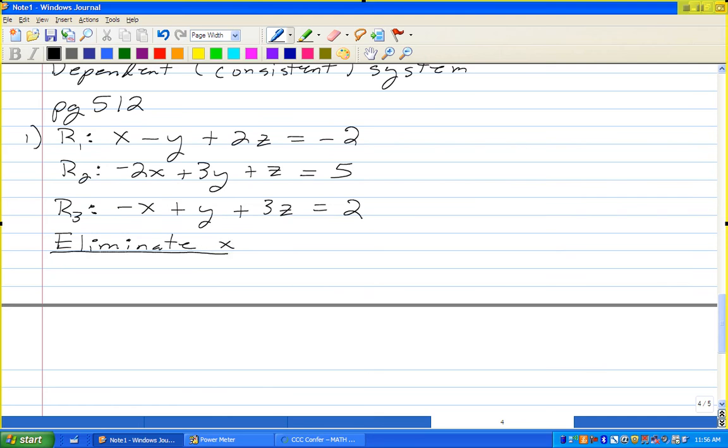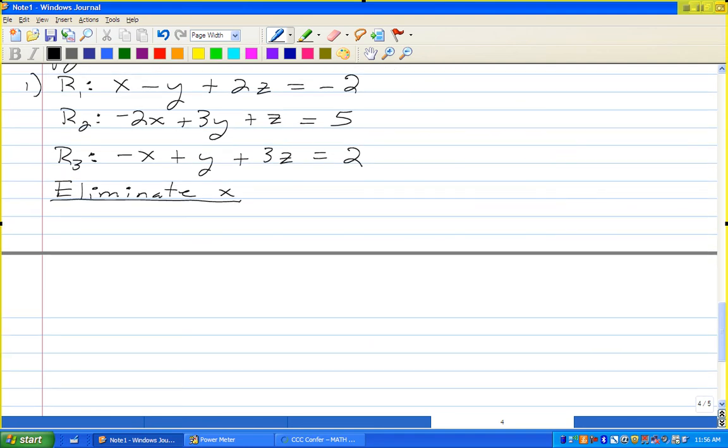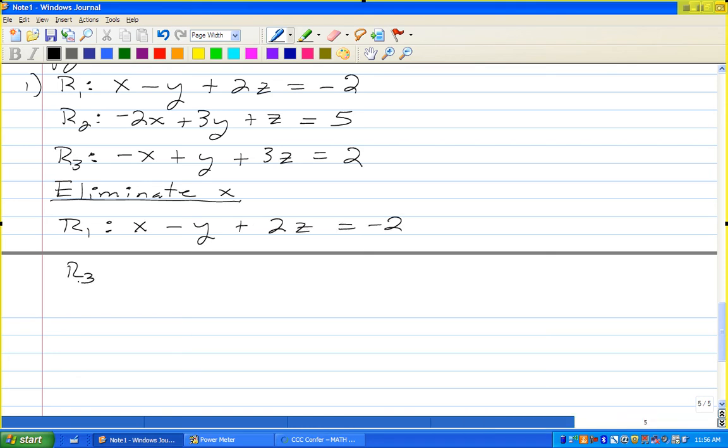So let me eliminate x. Okay. So I will first use two equations to eliminate x from those equations. So let me add R1 and R3, -x plus y plus 3z equaling 2, to eliminate x.